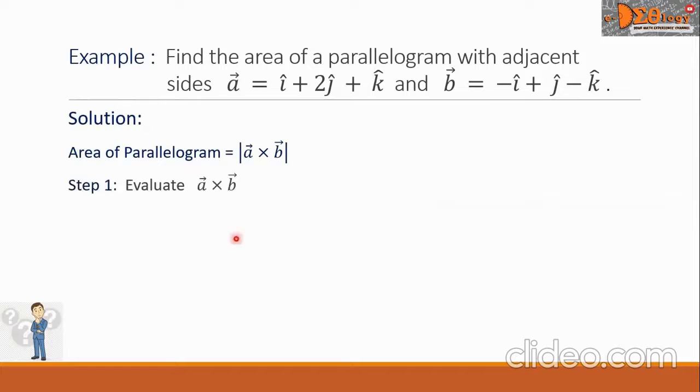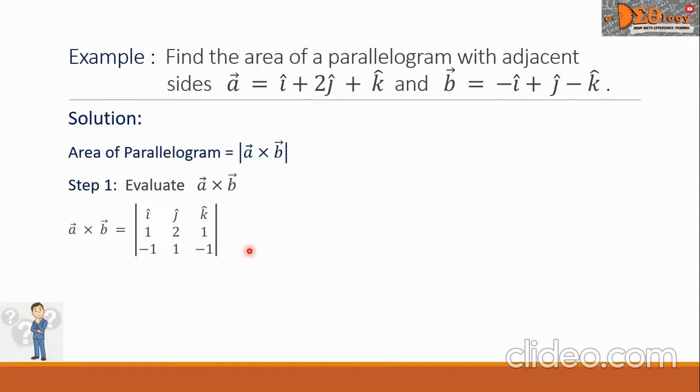So for step 1, let us first evaluate vector A times vector B. We write our 3 by 3 matrix respectively. So we have i, j, k for the first row. Second row is the 1, 2, 1, these are the coefficients of the components of vector A. The last row, negative 1, 1, negative 1, the coefficients of components of vector B.